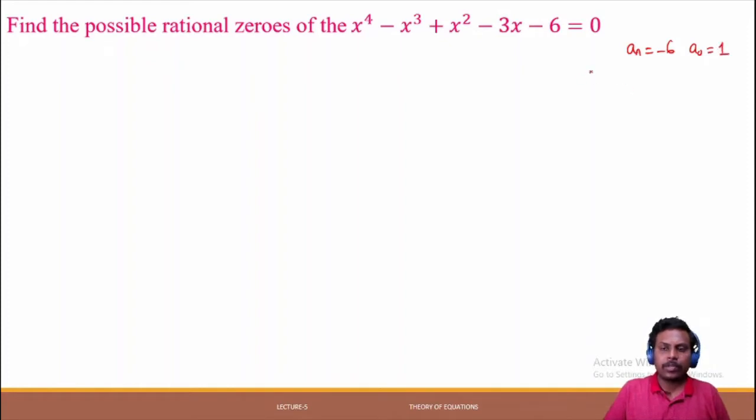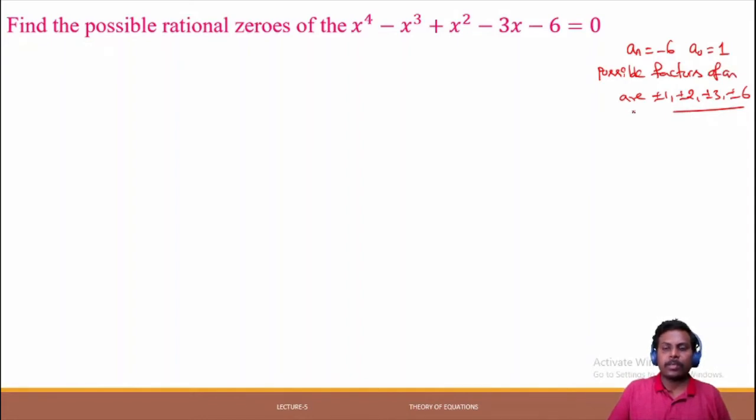So the possible factors of an are plus or minus 1, plus or minus 2, plus or minus 3, plus or minus 6. The possible factors of a naught, which is equal to 1, are plus or minus 1.